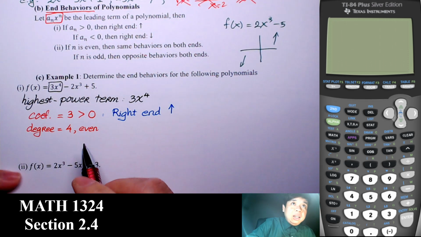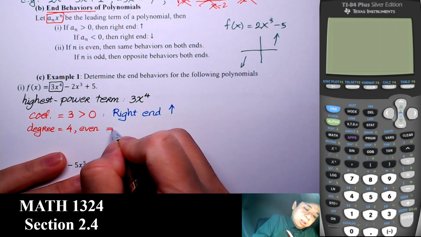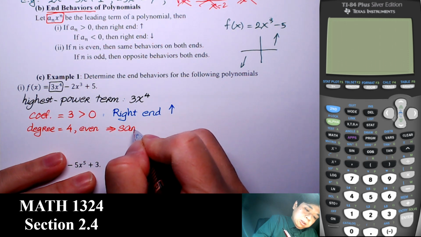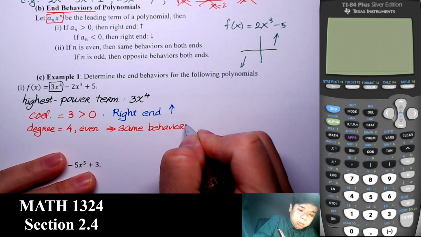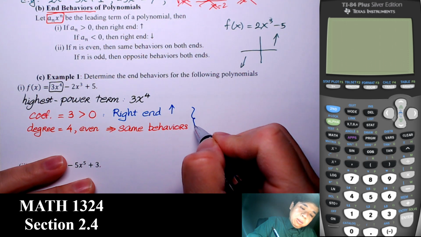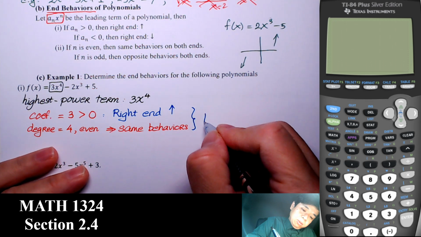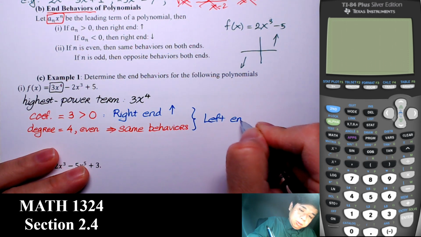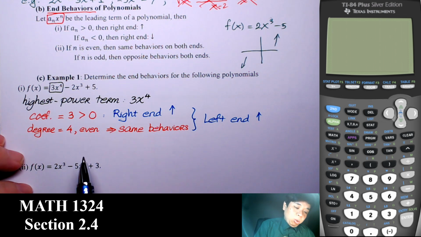If it's even, they have the same behavior. Since the right end is up, the left is also up. So we say the graph of the function rises to the right and rises to the left.